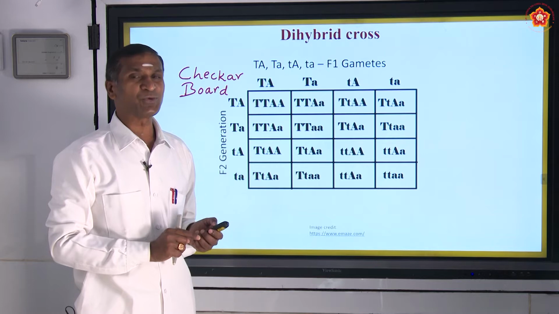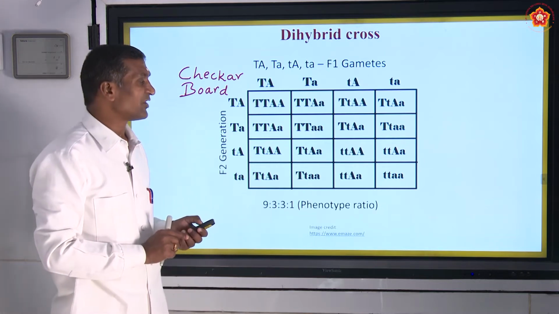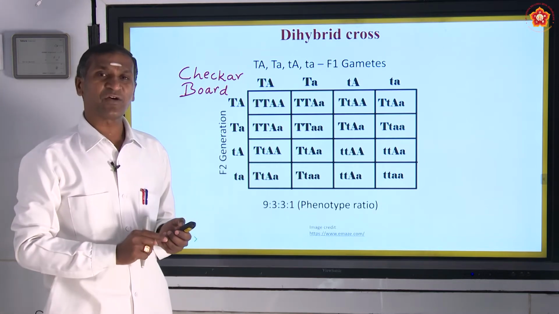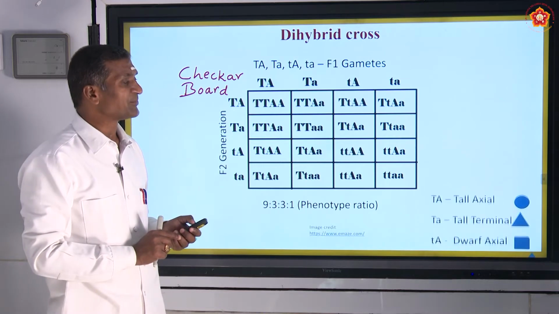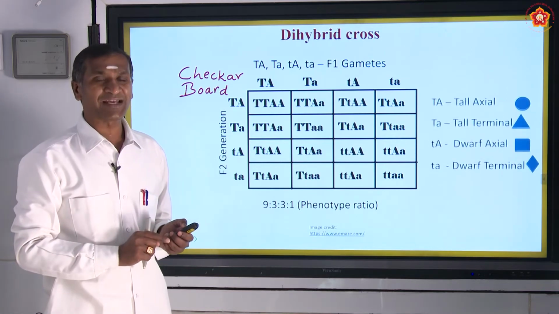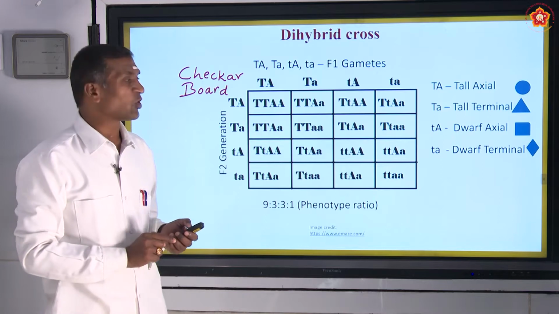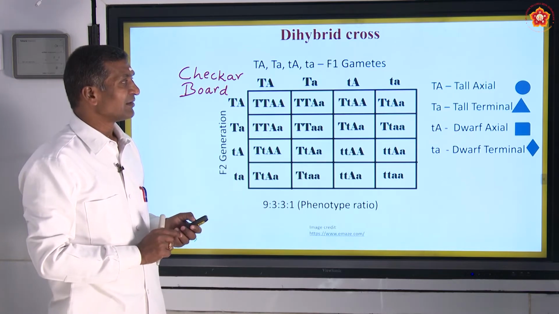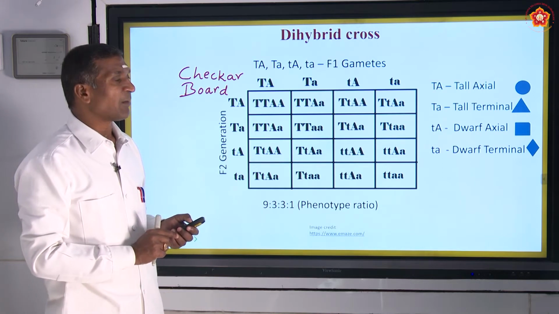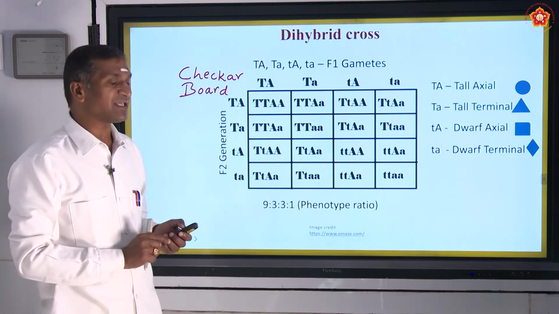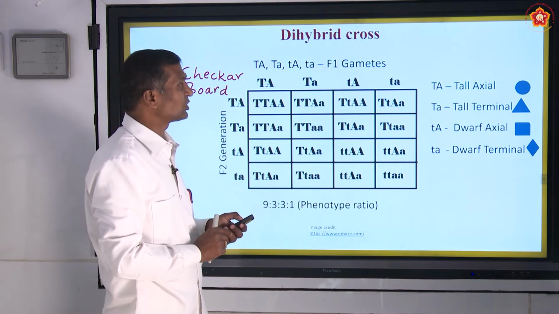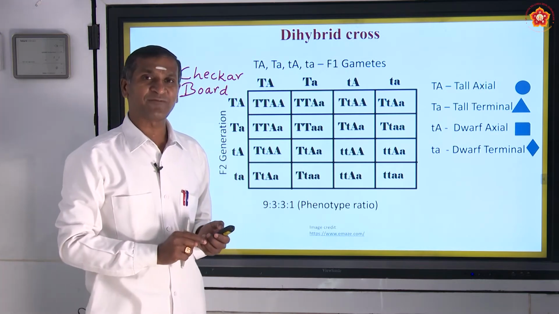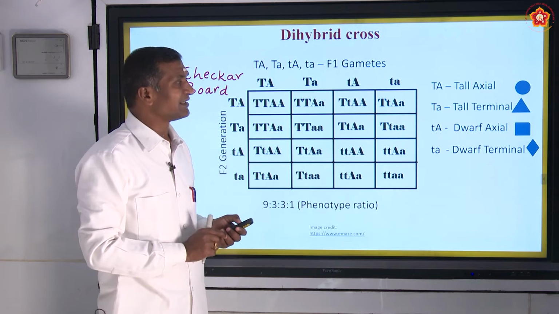We took only 2 characters and we got a variety of plants which you are observing here. The 4 varieties we can observe among all these seeds when they were sown. Among the 2 T's, if 1 T is capital, then it is tall. Among the 2 A's, if 1 A is capital, then it is axial.